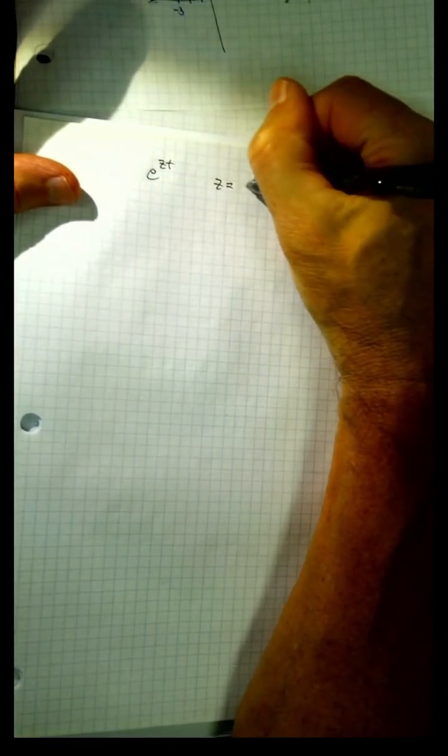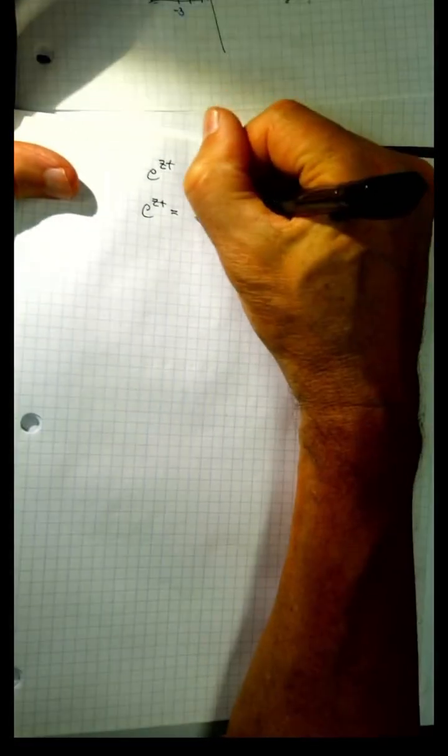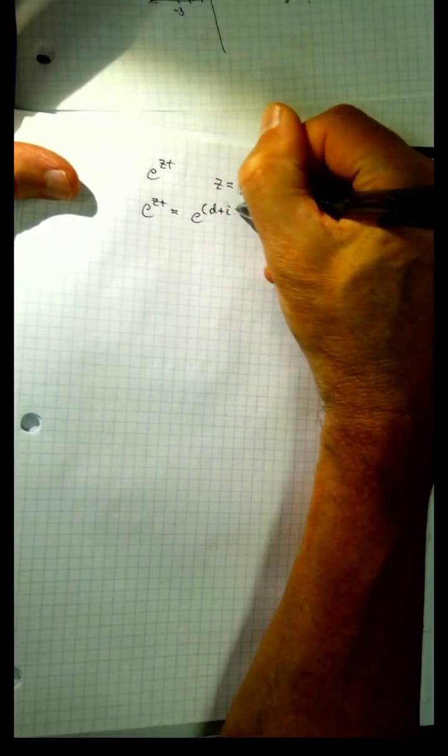So what happens now if I have e to the zt? And suppose z is going to be d plus i omega. And again, we're assuming d is real and omega is real. So if I have e to the zt, I can right now replace the z with the d plus i omega t.